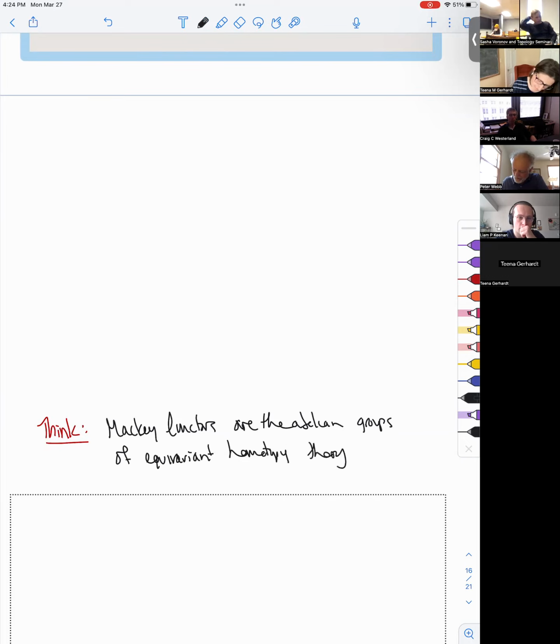Okay, that's selling Mackey functors a little bit short because Mackey functors have lots of applications to things that are not equivariant homotopy theory. But in the context of what we're talking about today, Mackey functors are the abelian groups of equivariant homotopy theory. What do I mean by that? I mean, in ordinary homotopy theory, we have a lot of invariants that give abelian groups. In the equivariant world, you expect your invariants to spit out a Mackey functor, not an abelian group.